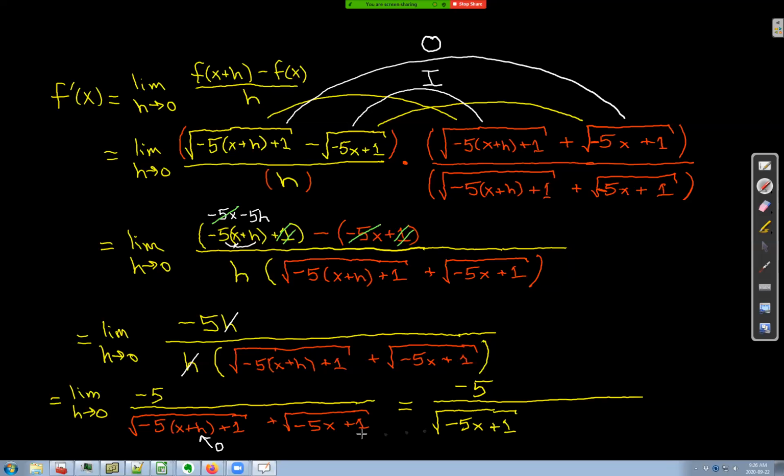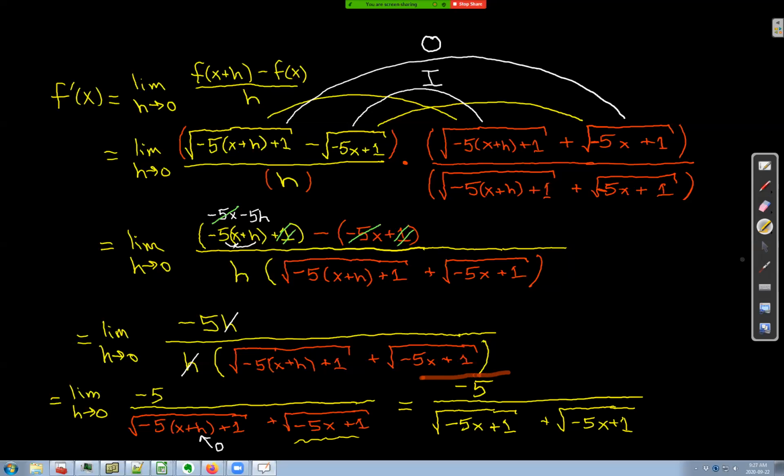And you say, well, wait, what happened to the h? And the h is gone. So I don't need these parentheses anymore if that h is 0. But then don't forget about this guy. There's still another one. There's still plus the square root of -5x plus 1. Okay, and then that's it.